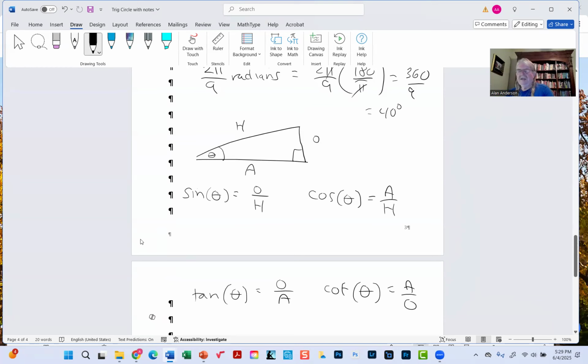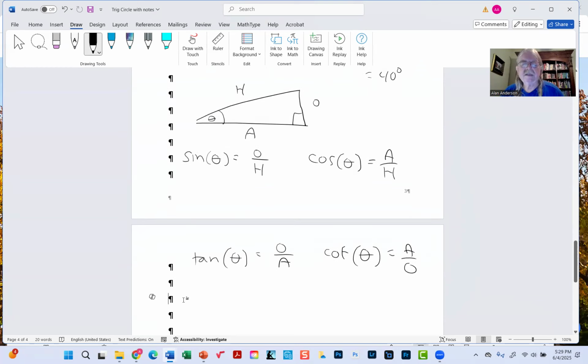Okay. By the way, in a minute, we'll be able to see why the calculator only shows sine, cosine, and tangent.